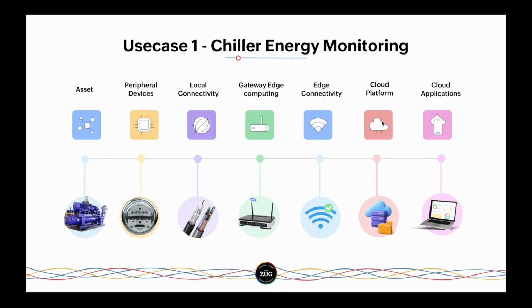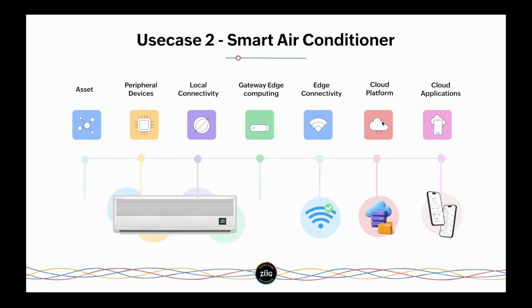The gateway is able to hold the edge software inside it. The software collects the data from these energy meters and pushes it to the cloud. It could be based on Ethernet or Wi-Fi or SIM card, and then it reaches the cloud and then the cloud application. Similarly, this need not be the same as what you saw on the first four layers.